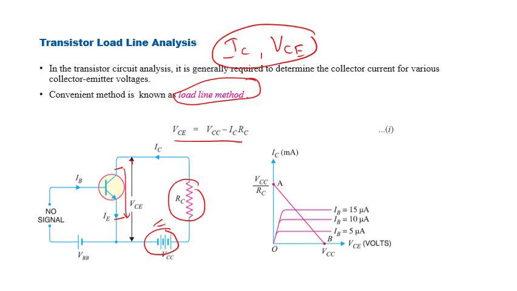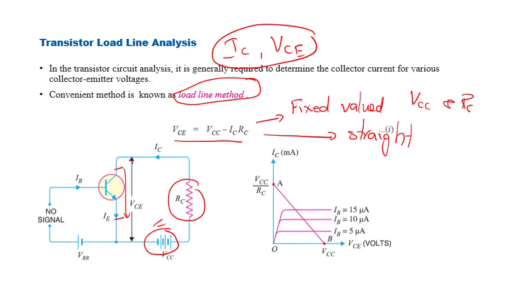For a fixed value of VCC and RC, this expression will form a straight line because we have only two variables. This line is called the load line.